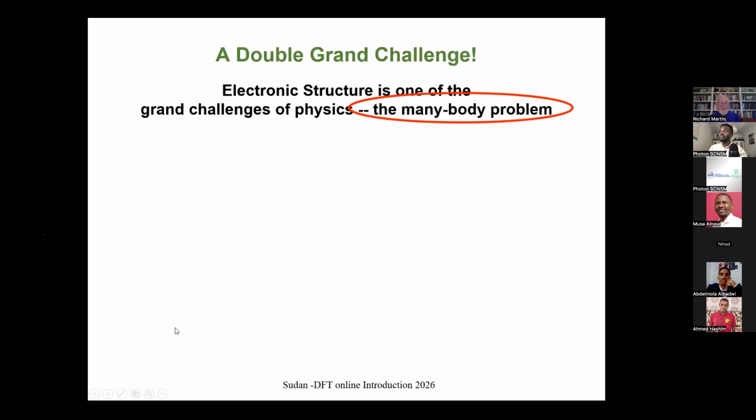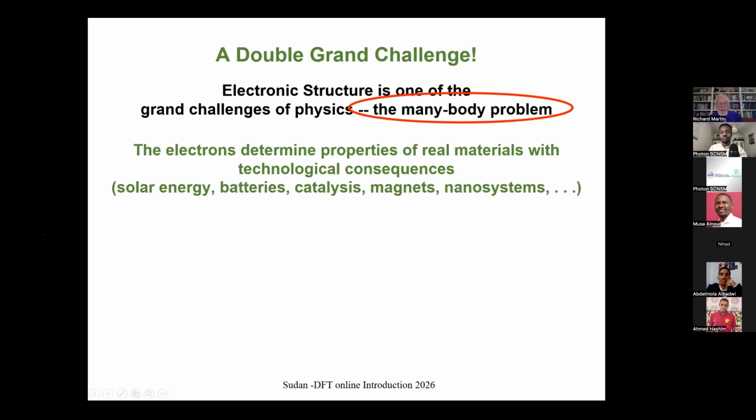I would like to say it's a double grand challenge for this problem. The electronic structure, I've emphasized as a many-body problem, and that's one of these things that's been studied since the origins of quantum mechanics. And what we'll study is ways that you can actually do feasible work.